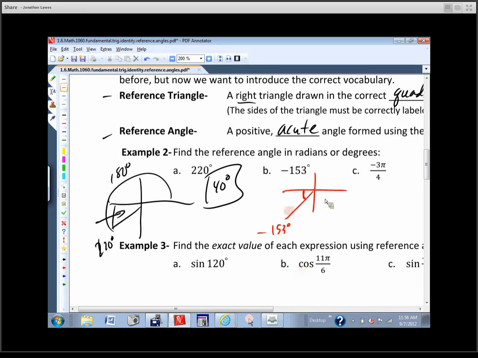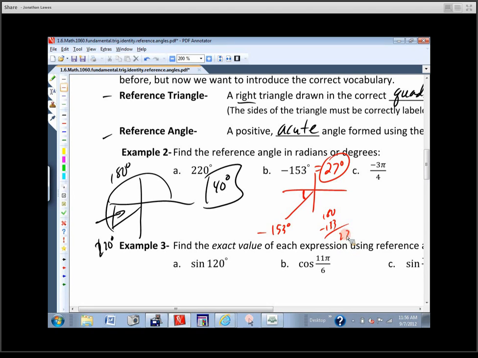Well, if the whole thing was 180 and I stopped short, 180, subtract 153, 27. Okay, the people that said 27 have it. There's our reference angle. Okay? It's always a positive acute angle formed with the terminal side of the angle and the x-axis.